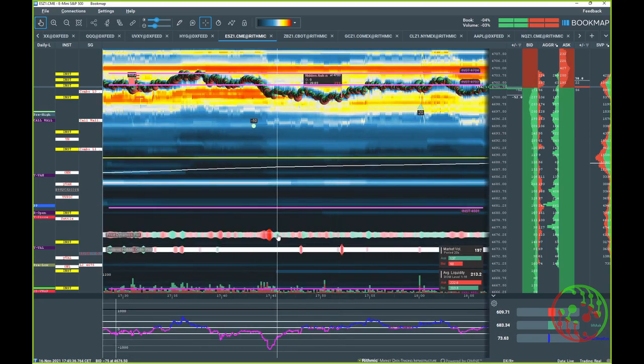So when you see a light green, that means there is no more activity. What you mentioned, when you see this red bullet or this red diamond, you see how they are rising here. That means this volume was bigger than the previous volume here. You see light green.